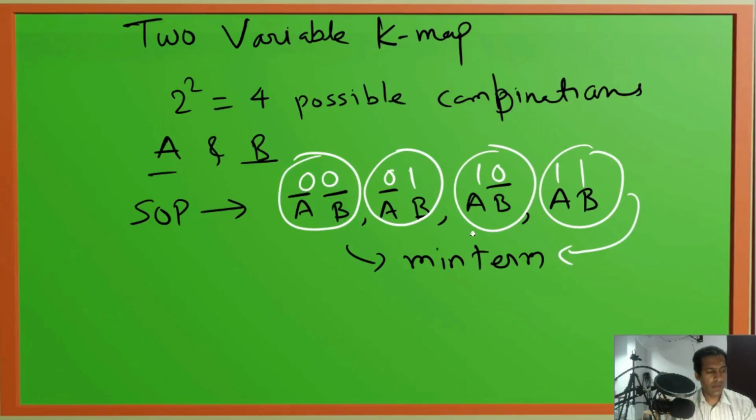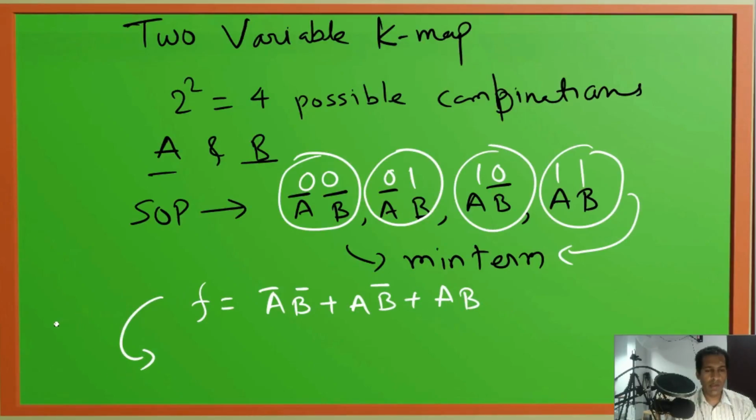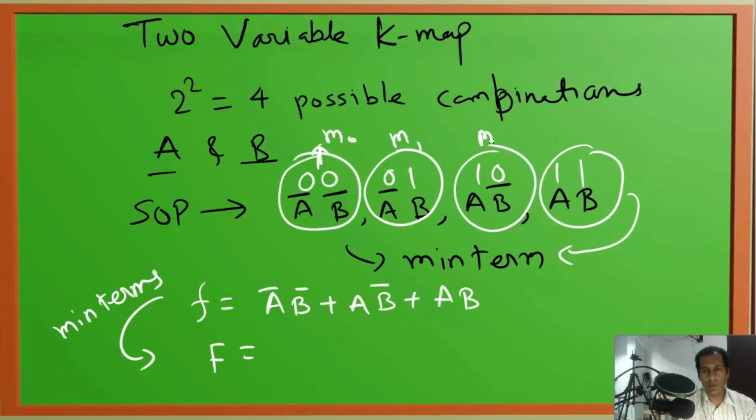Suppose some expression is given, say function f is equal to A bar B bar plus A B bar plus A B. So this we can write in the form of min terms as f is equal to, now this is A bar B bar, so this first term we represent as m0, this is m1, m2 and m3.